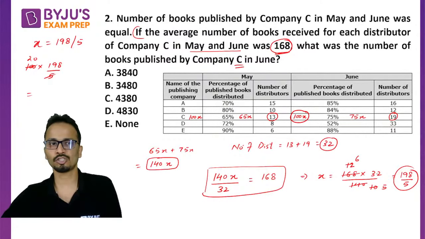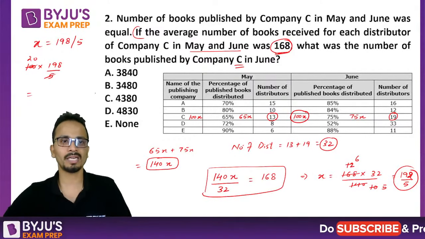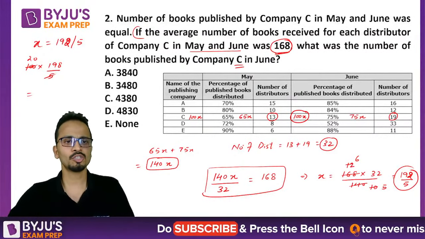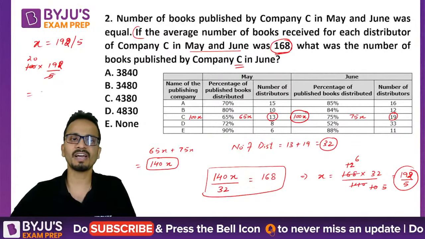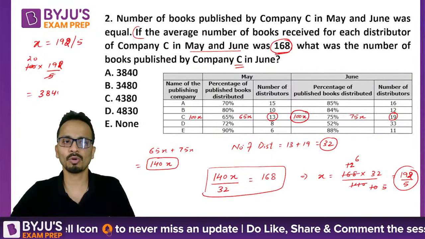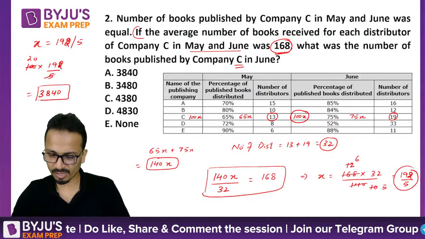Yes, a small mistake. It was 192, not 198. So 192 divided by 5 multiplied by 20. The answer will be 3840.